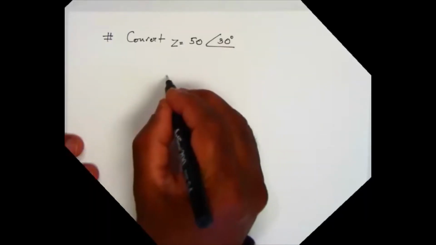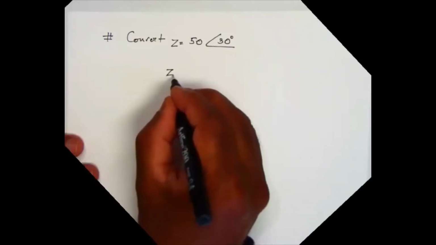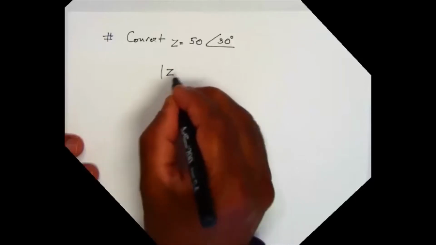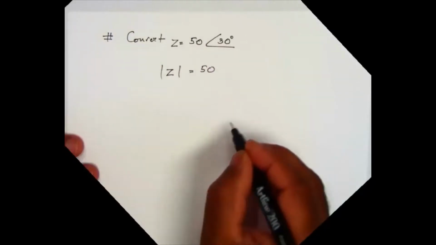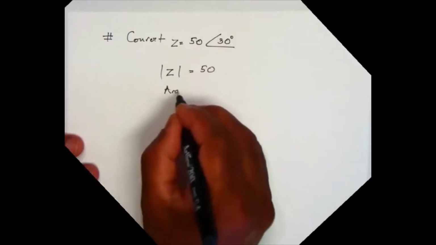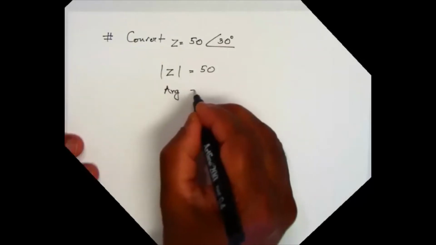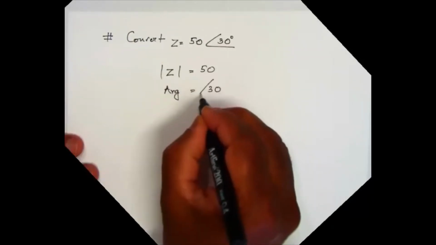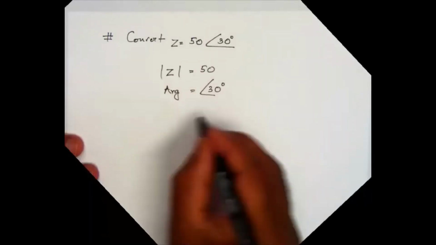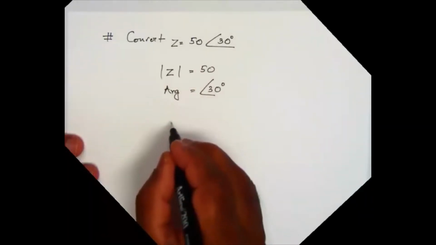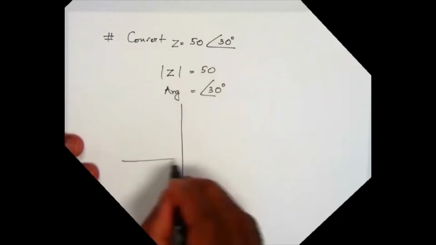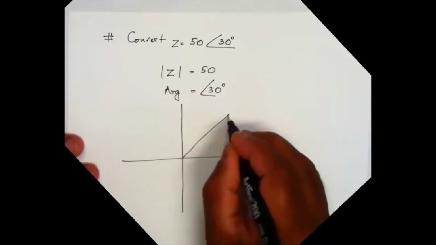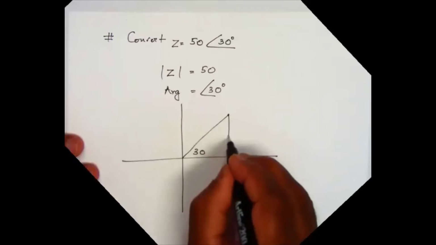So we know that if you have a complex number like this, 50 is our modulus, and the argument is 30. So it will be something like this. This is 50 and this angle is 30.